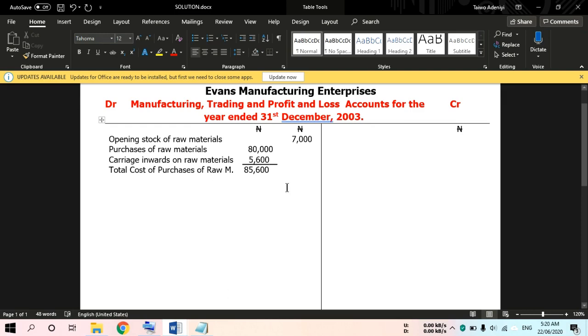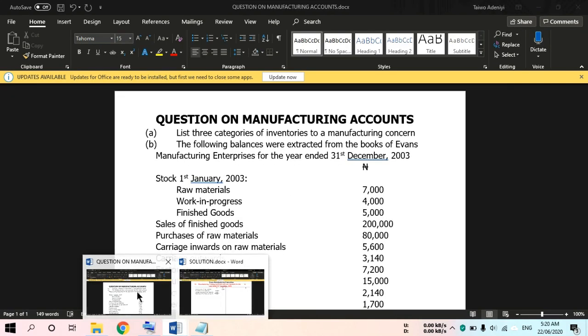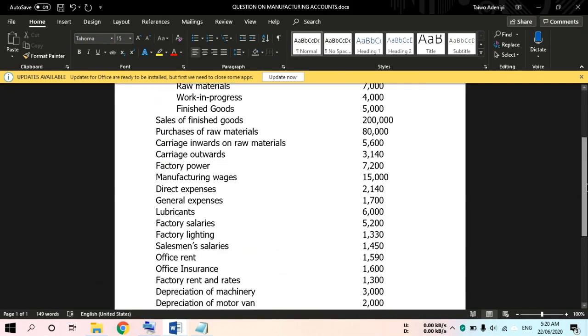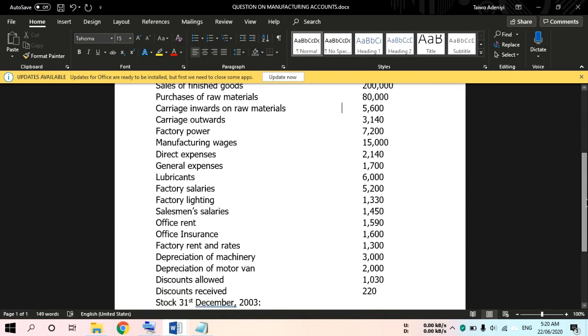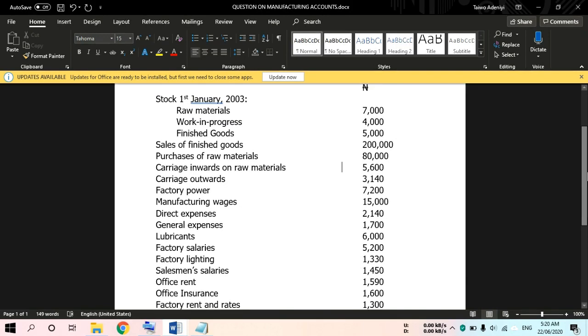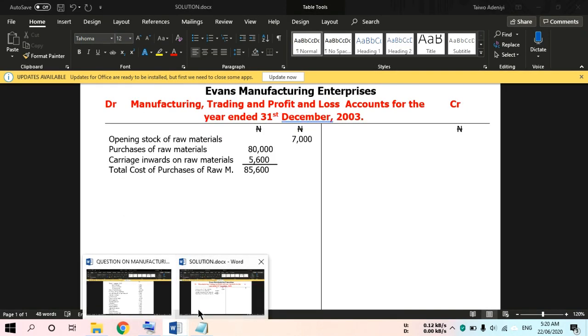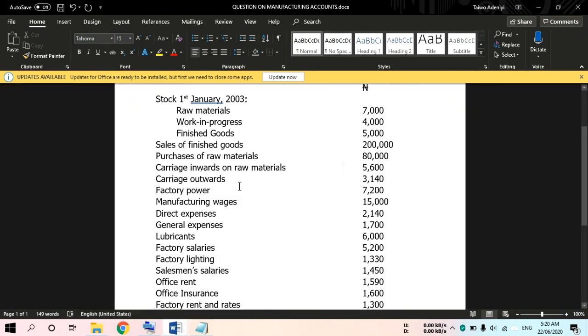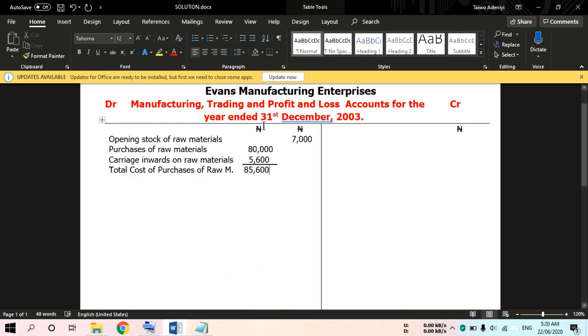The next is, is there any returns inwards on raw materials? No. Good. Then if there are no returns of raw materials, transfer this figure, 85,600, to the side.